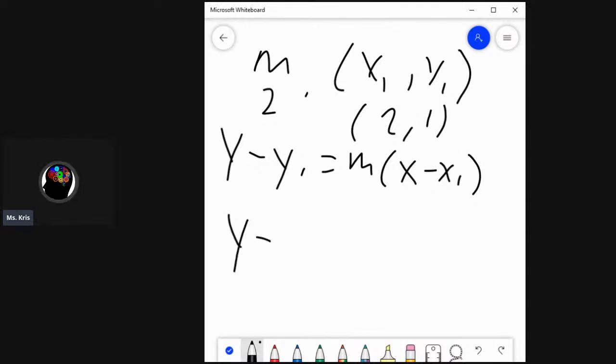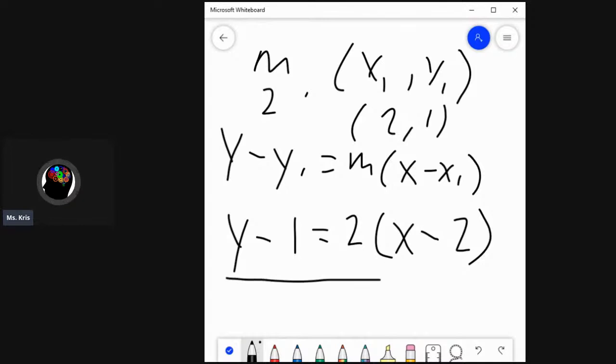So y minus y1 is, of course, the number 1 equals my slope, which is 2, parentheses, x minus my x1, which is 2, and you're done. Whenever someone asks you, especially a math teacher, or if you're a parent tutoring your child and it's asking for the point slope form, this is what they mean.